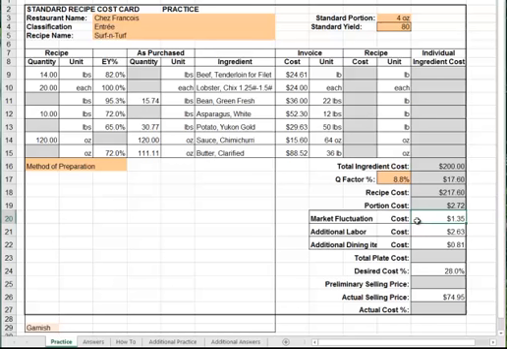You can build that in so you don't have to change your price because of that anomaly. Additional labor: the example I use is maybe you're doing tableside service, so you have to pay a cook to do that as opposed to a server sometimes. So it's additional labor expense that you have to build in because they're not in a kitchen cooking for many, they're cooking for one or two or a table of 8 at a time.